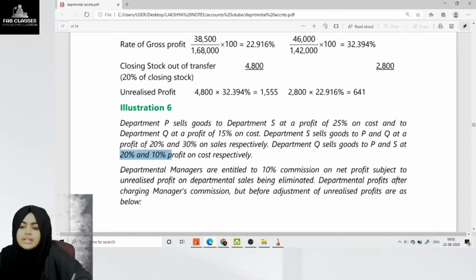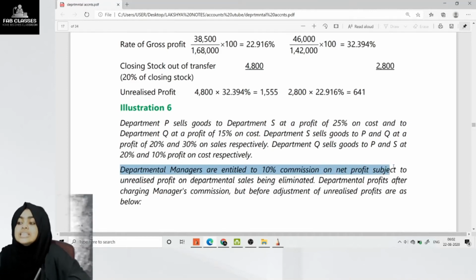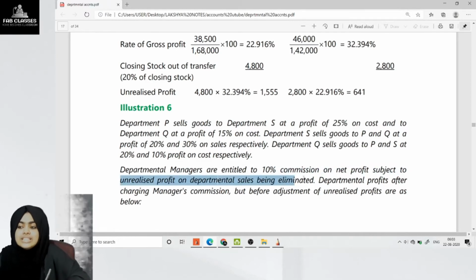And it's also given that the departmental managers are entitled to 10% commission on net profit, subject to unrealized profit on departmental sales being eliminated. So we know that there is interdepartmental transfer and the profit component is present in each of the transfers.